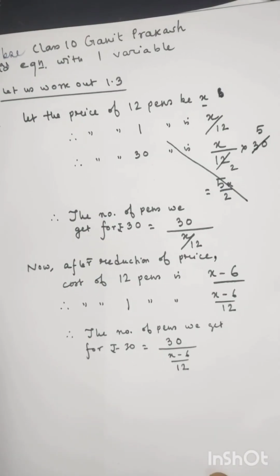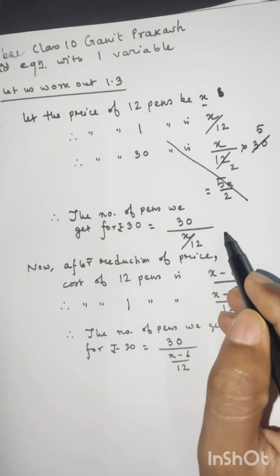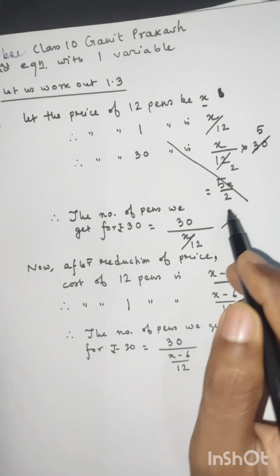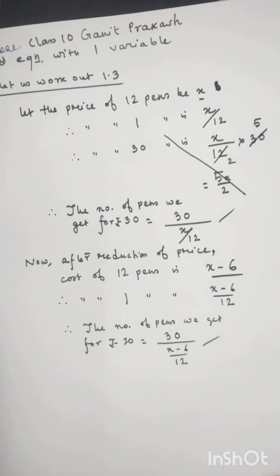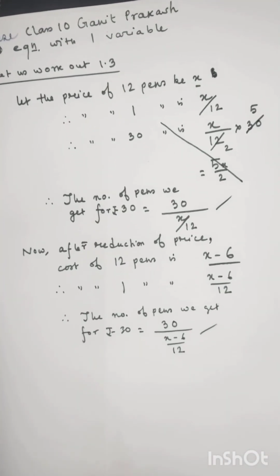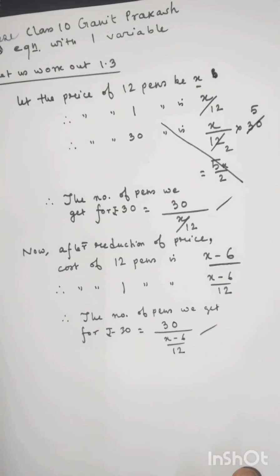Okay, so before price reduction this was the number of pens, and after price reduction this is the number of pens, and the difference between these two numbers is 3.